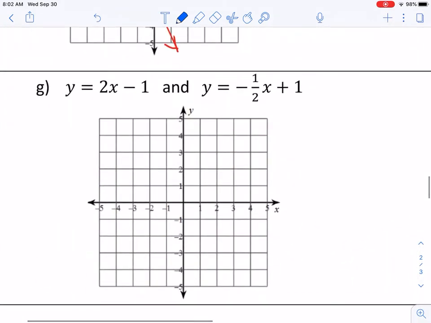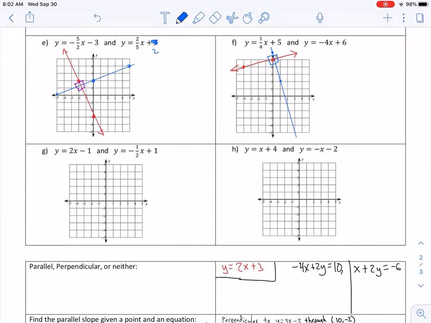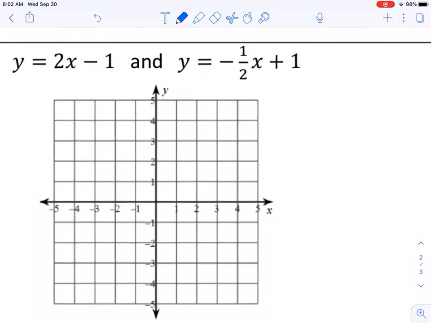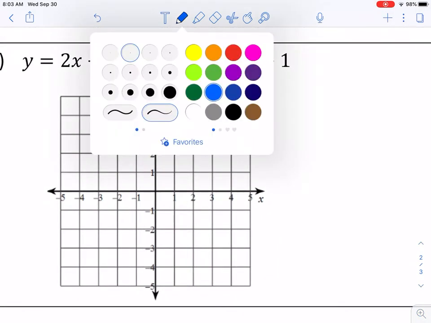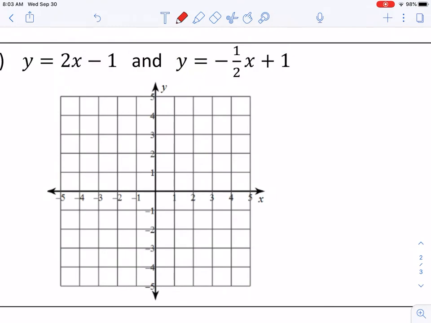Okay, one more example. I'll just graph this one really quick. So my first equation I'm going to do in red. I begin at -1, and I count up to right 1. Can also move down to left 1. Create my line.